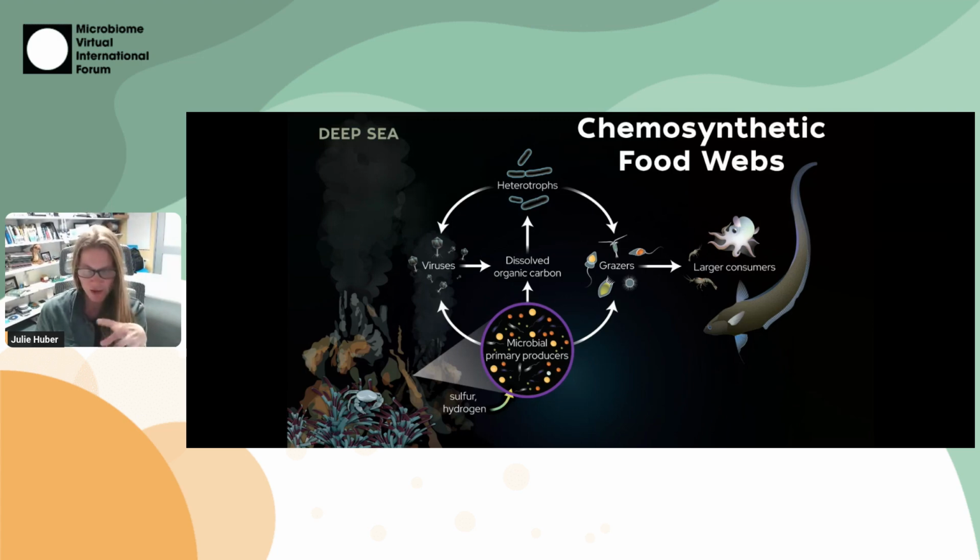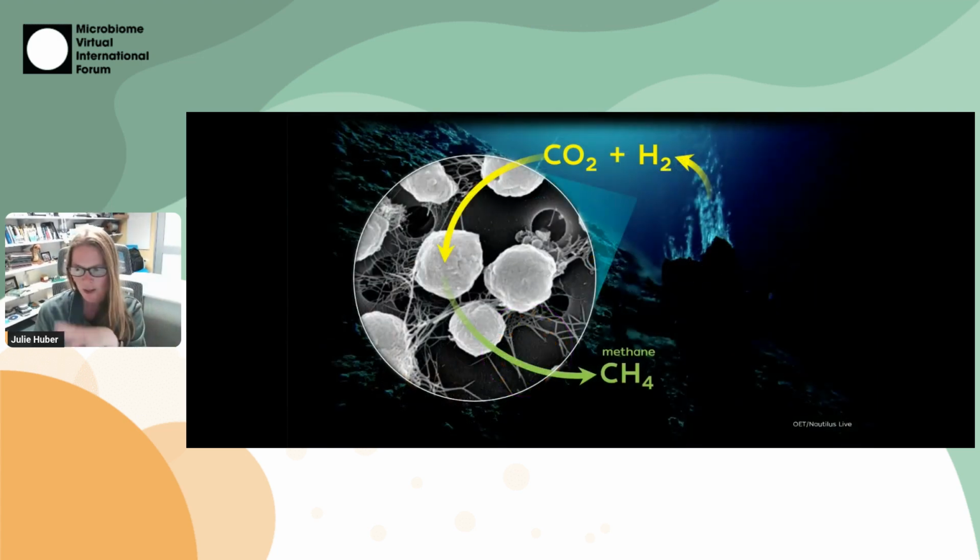And I want to just give you a specific example of what a remarkable primary producer in these ecosystems looks like. So this is a group of microbes that lives on Earth called a methanogen, and these are super common in deep sea hydrothermal vents. These belong to the domain Archaea, and especially predominant in hydrothermal vents are hydrogenotrophic methanogens that are taking hydrogen and CO2 and making methane.